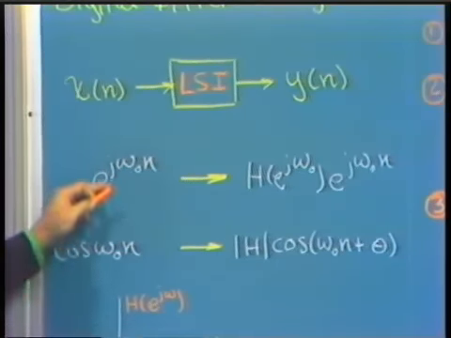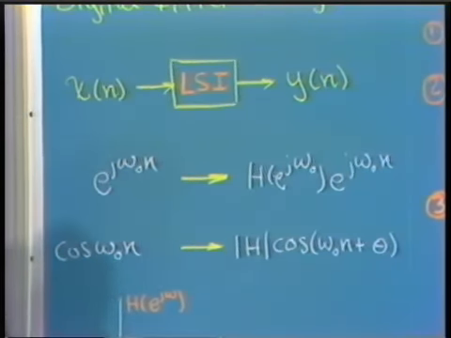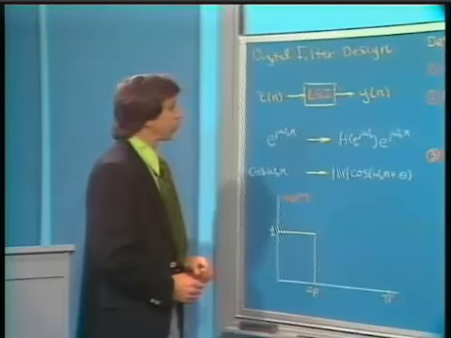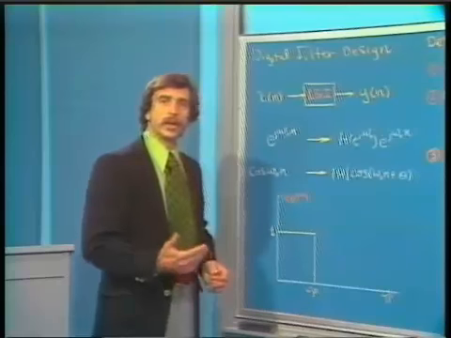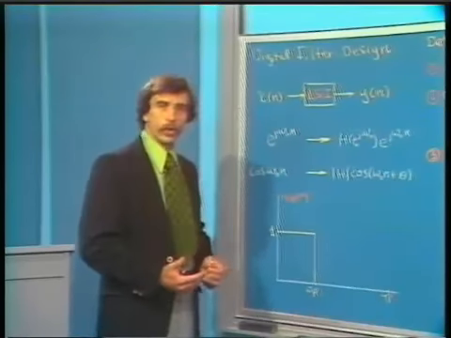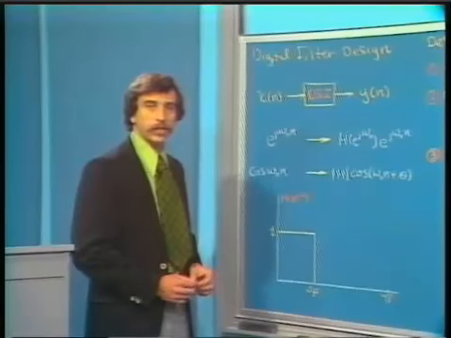Now, this property of linear shift invariant systems permits us to consider the separation of signals that have been added when these signals occupy different frequency bands. Specifically, we can consider a signal composed of the sum of two signals, one of which we want, the other of which we don't want or would like to suppress.